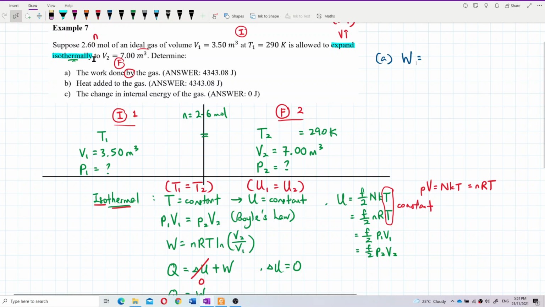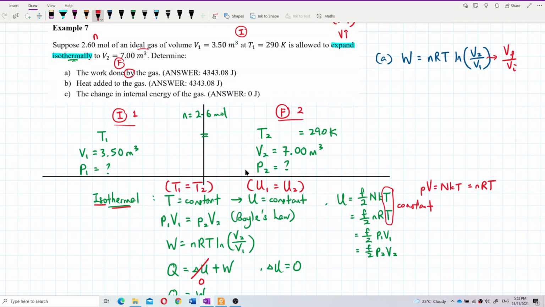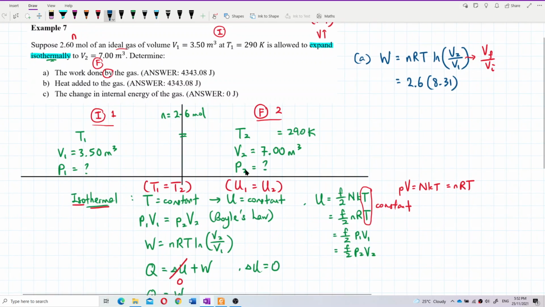Do we have the number of moles? Yes. We have the temperature. Yes. V2 over V1, of course, very easy. So we just use the formula nRT ln V final over V initial. The number of moles is 2.6 mole. R is 8.31; you can refer to this value from the list of constants given in the exam.